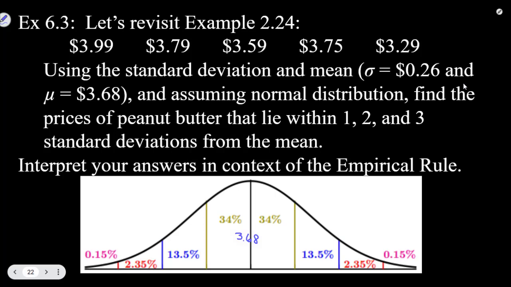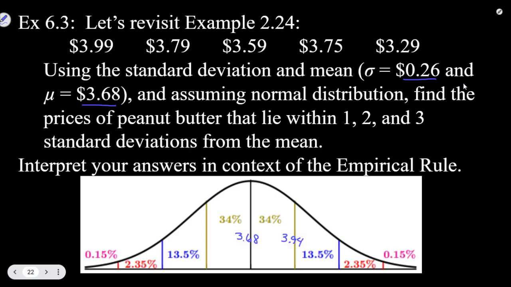So if we have that mean, 3.68, and we add 1 standard deviation, that's 3.68 plus 0.26. So that I don't mess up, I'm going to grab my calculator here, 3.68 plus 0.26. So this next line is going to be at 3.94. I would put it at the bottom, but I don't have space down there, so I'm just going to put it in the middle.